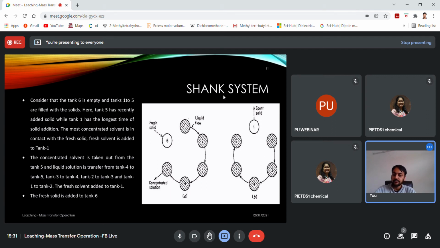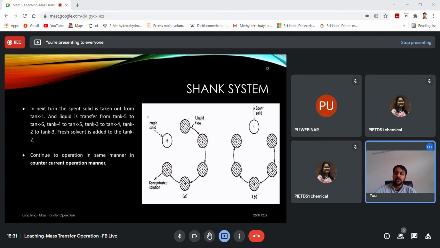Again, in the next turn, what happens? The spent solid is taken out from tank number 1, and liquid is transferred from 5 to 6, 4 to 5, 3 to 4, 2 to 3. So now remember what happens to tank 5.